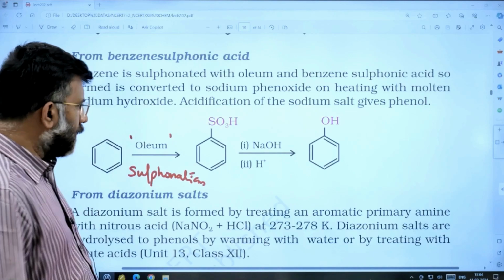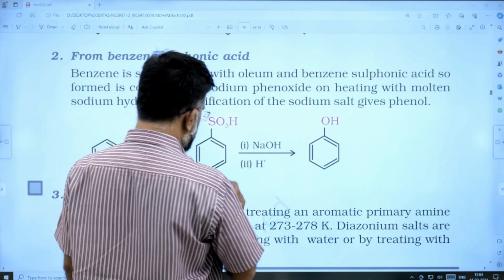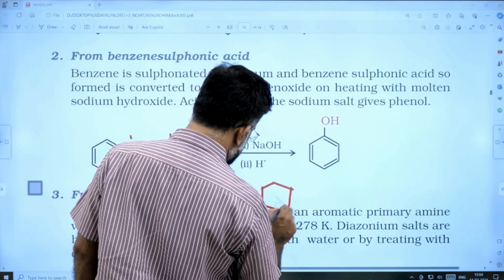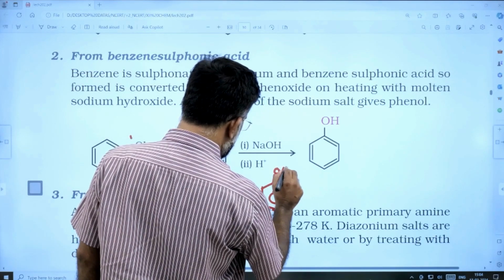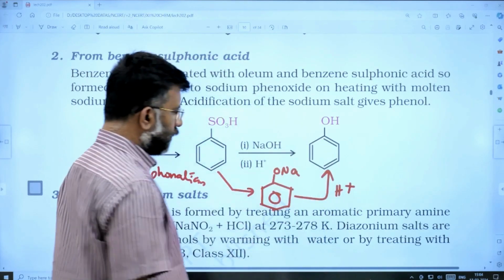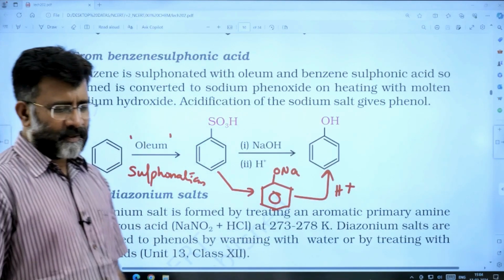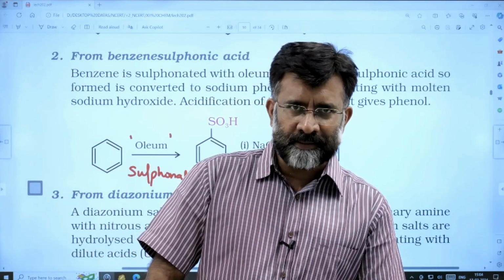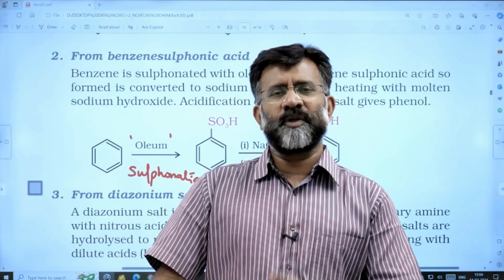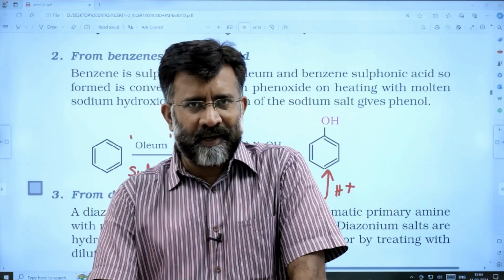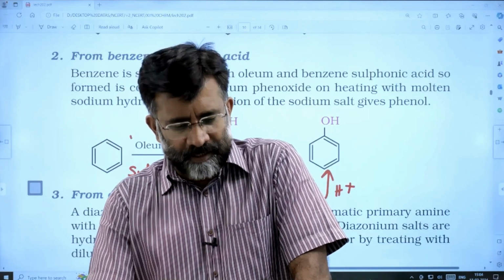When this is treated with NaOH, once again you get SO3H replaced by ONa, which upon acidification gives phenol, right? So benzene is converted to benzene sulfonic acid, which is subsequently treated with NaOH followed by acidification, and you get phenol. Second method of preparation.